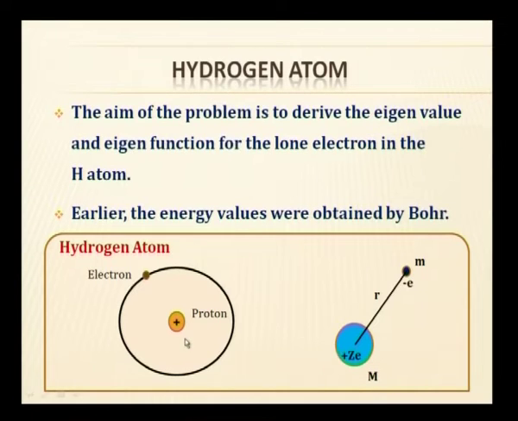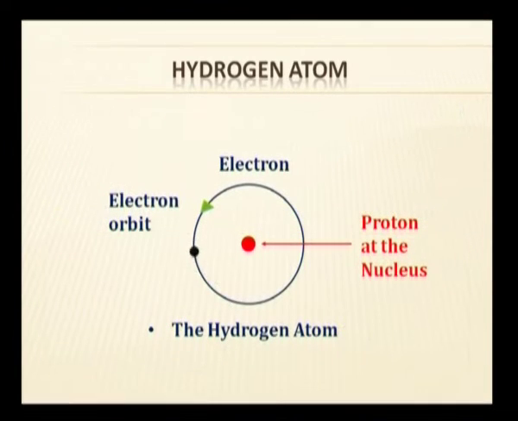You have a proton here in the hydrogen atom, and the electron is at a definite distance r, separating the nucleus or the proton and the electron having a mass m. The electron is revolving in an orbit according to Niels Bohr.